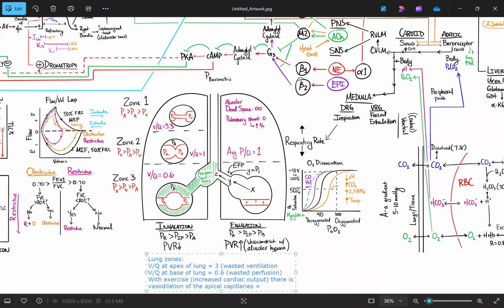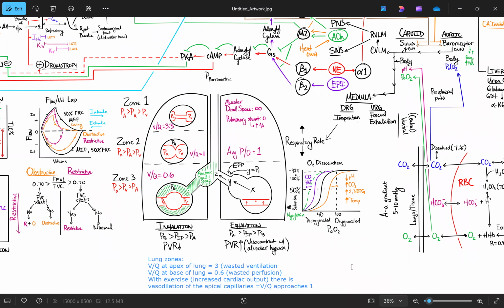That's just normal because you're not always going to perfuse everything. When you want to think more about relationships of VQs with disorders, like alveolar dead space, for example, that's going to have an infinite VQ. What is alveolar dead space? Basically, you lose a lot of perfusion to your alveoli for some reason, let's say shunting blood away.